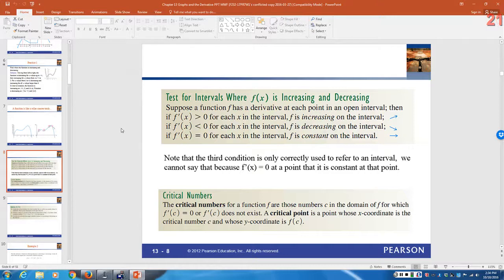Now I'm going to go back one page for just a second to elaborate on the critical points. We're going to go back to our previous drawing and talk about critical points in those for a second. So remember, critical points are where either the derivative is equal to 0 or it doesn't exist.